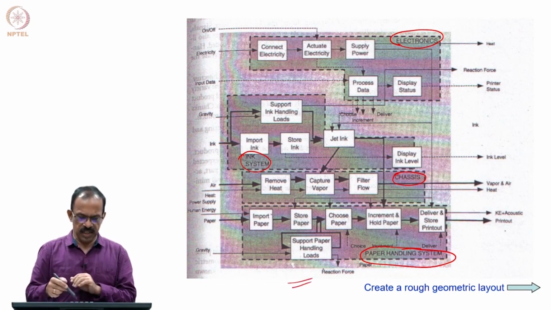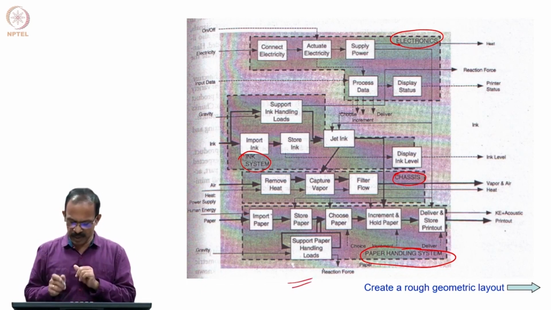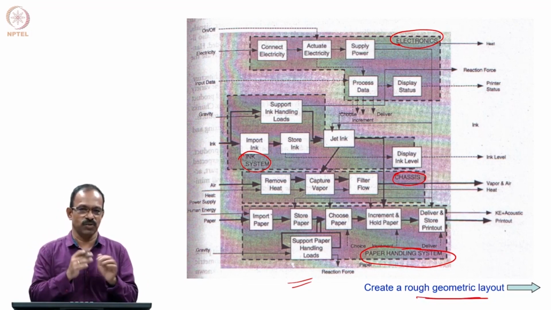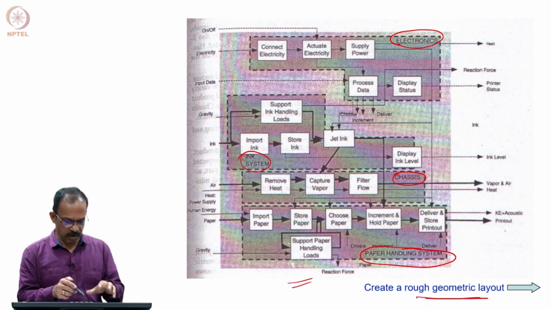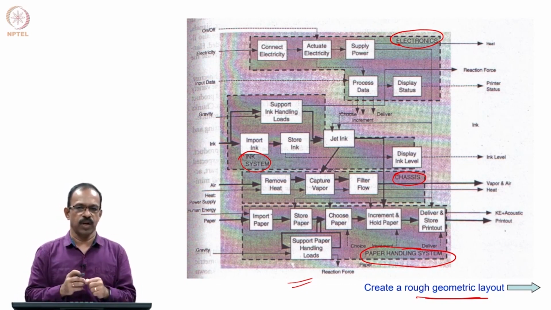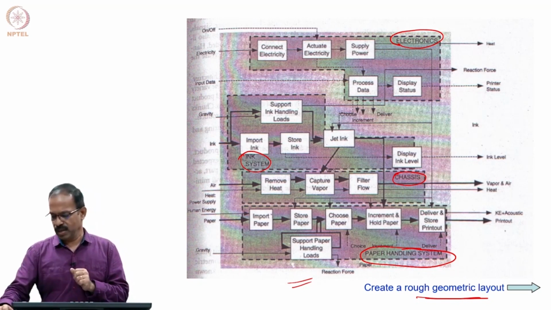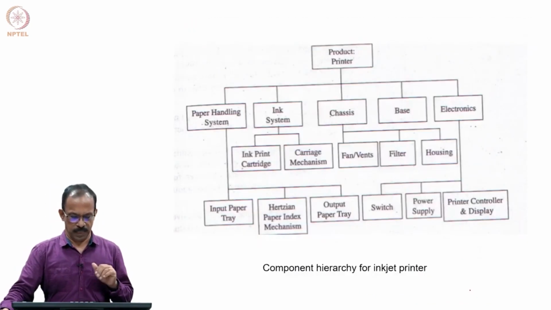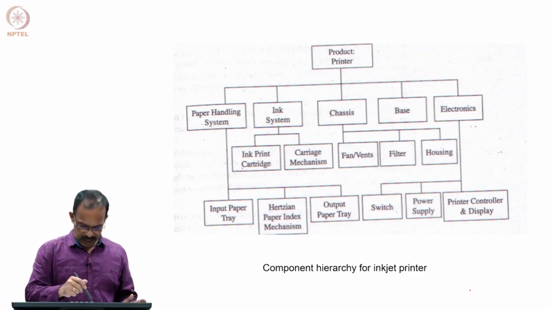Now, once you have this, you can think of making a rough geometric layout to see whether that meets your expectations or your requirements. So, now you have a paper handling module, an electronics module, and an ink module. These three modules need to be assembled in the product as modules. And this is the component hierarchy.